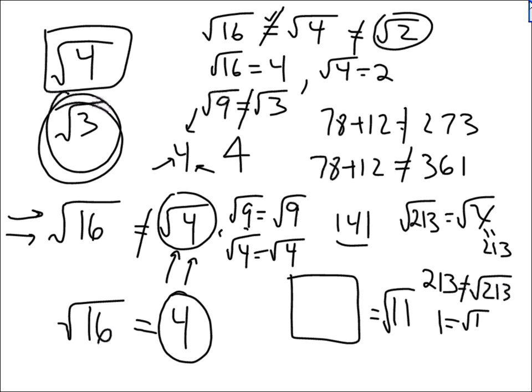The square root of 1 is 1. I would say you're not finished if you wrote your final answer as square root of 1. But yes, 1 equals the square root of 1, and 0 is the square root of 0. Other than that, the square root of a number does not equal that number. Excuse me, a number does not equal the square root of that number. If you think the answer is 11, don't write square root of 11.